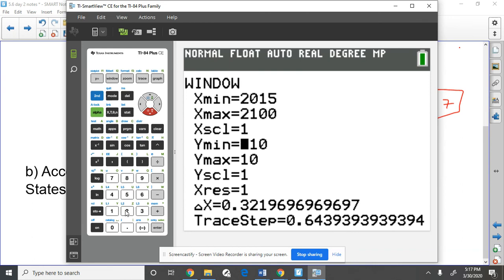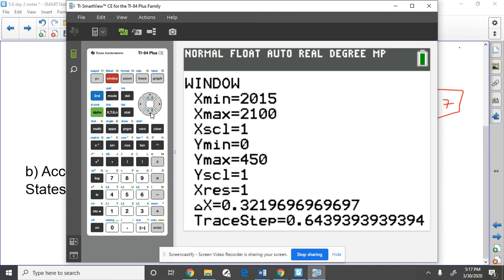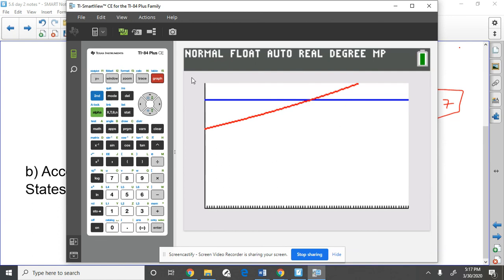For the y-axis, population's above 0, and what we're looking for is where it hits 435, so let's go up to 450. Let's try that window. And I can see this pretty well here. It's going to hit right here. If you wanted to make the window go a little higher, it might be a little better. We can see it increasing. So we want to figure out where that point of intersection is.